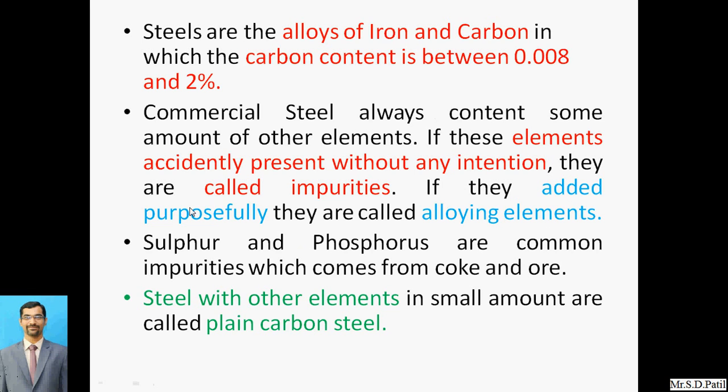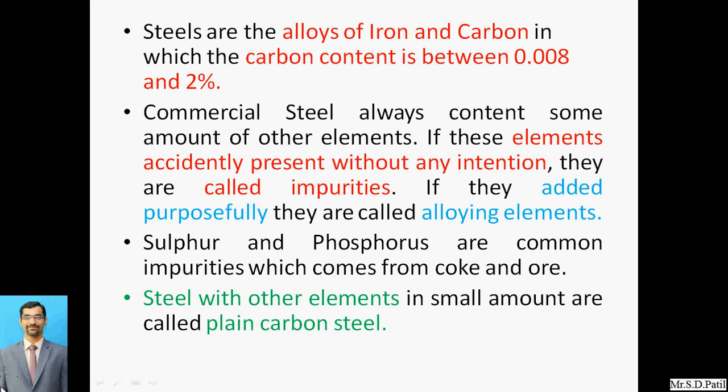Why do we add the content purposefully? For example, chromium and nickel. These are added to enhance the properties of steel. Which property gets enhanced? That is the corrosion resistance.